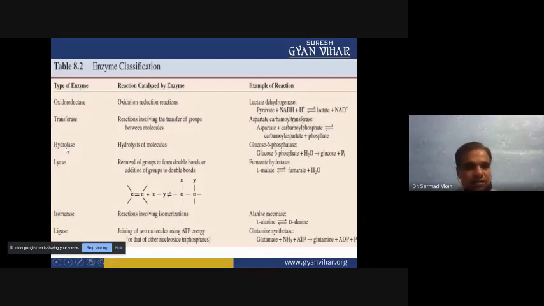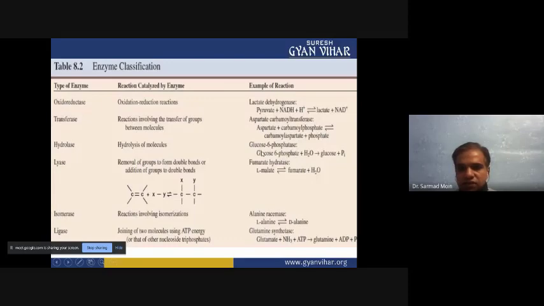Then hydrolase. They carry out hydrolysis reactions. That's why their name is hydrolase. The example is glucose 6 phosphatase, which acts on glucose 6 phosphate. It reacts with water and converts into glucose, and releases one phosphate molecule, which is part of glucose 6 phosphate.